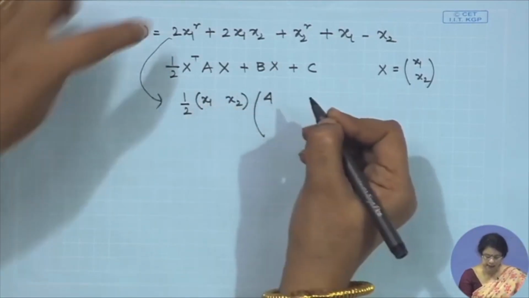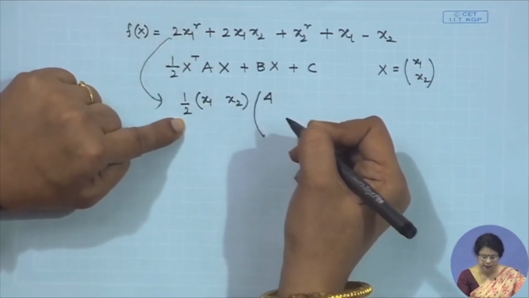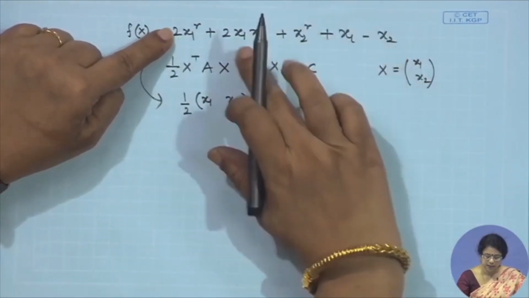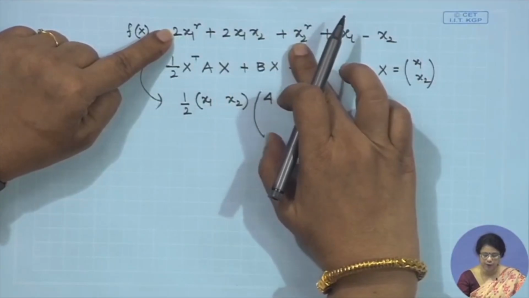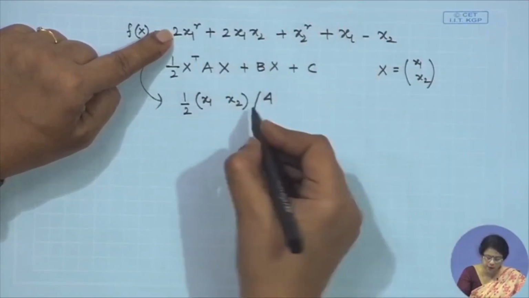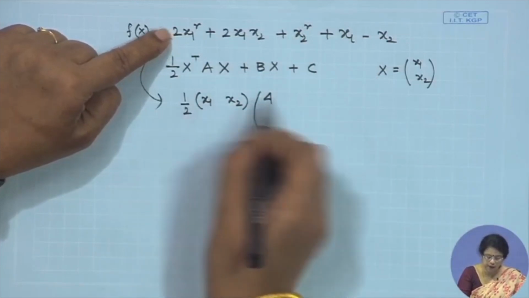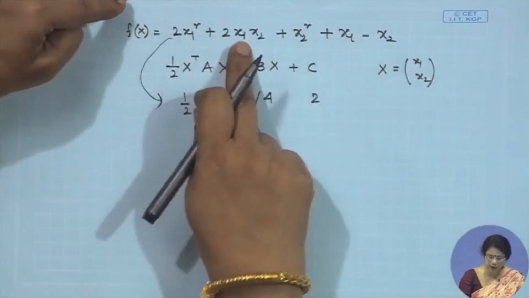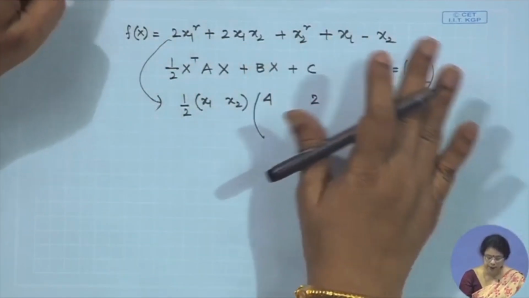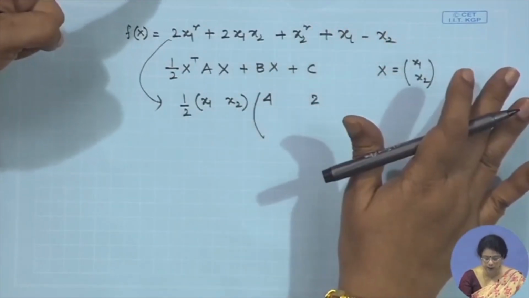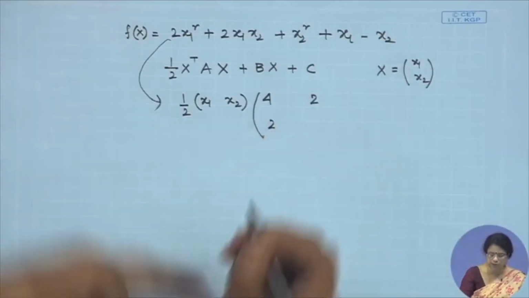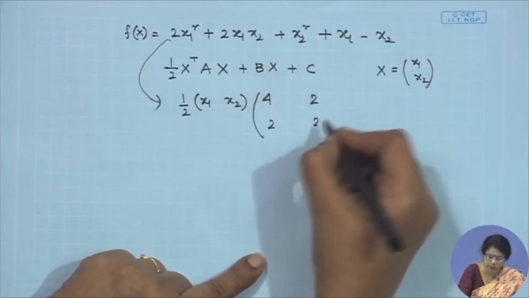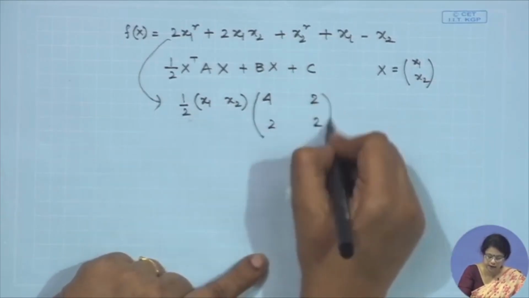Since we have taken half here, A can be constructed from these 3 components which are of degree 2. x1 square has coefficient 4, because 4 by 2 would be 2. I will separate 2x1 x2 into 2 parts: one is 2x1 x2 and the other 2x1 x2, each divided by 2. That is why these 2 terms will come like this, and the third term is 1, so we put 2, doubling it because of the half, as I said.